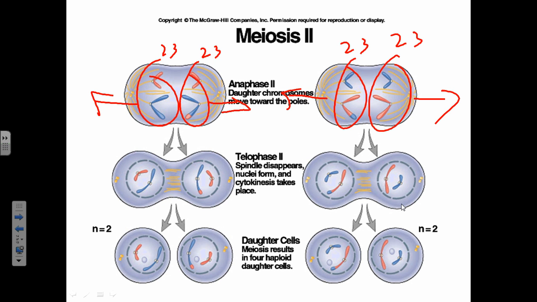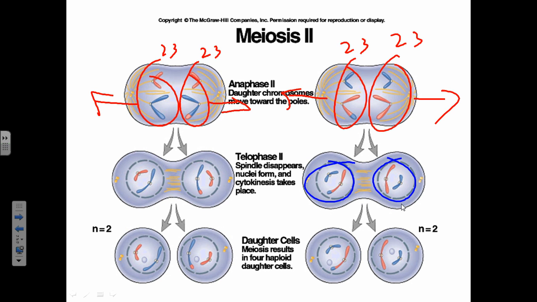Then we get telophase. The normal telophase stuff happens. What's telophase the opposite of? Prophase. Nuclear envelopes reform, spindles go away, chromosomes go back to being chromatin, and the nucleolus reforms. We end telophase with 2 cells, each with a nucleus.